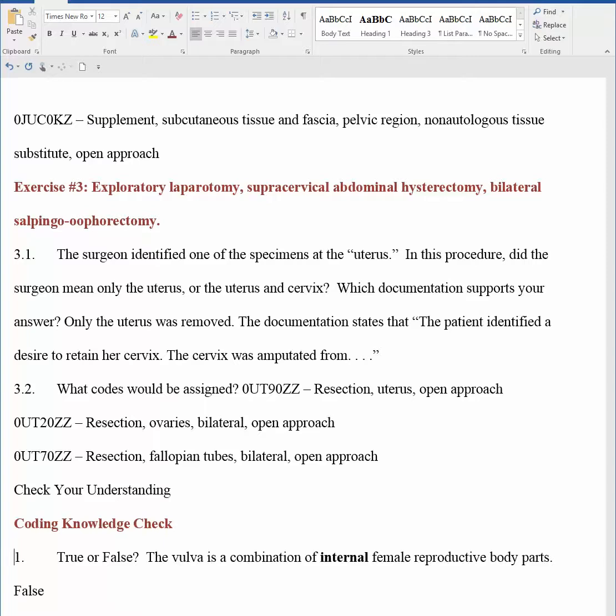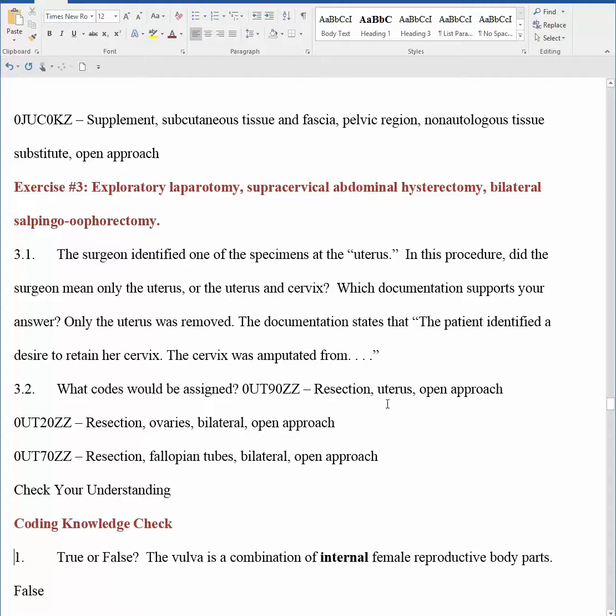Which documentation supports your answer? Only the uterus was removed. The documentation states that the patient identified a desire to retain her cervix. The cervix was amputated from it. So again, this particular patient only had her uterus removed.